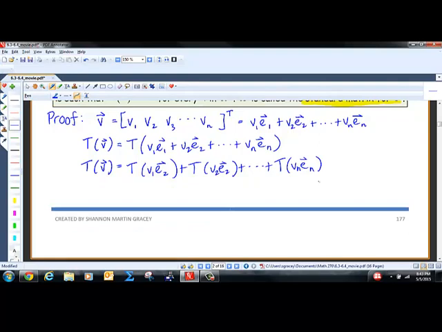Awesome. You can bring them in front of the transformation. So T of V will end up being V1 times T of, oh sorry, I have a typo here. This should have been E1 right here. So times E1 plus V2 times, sorry, the transformation of E2, and then all the way down to Vn times this transformation here.